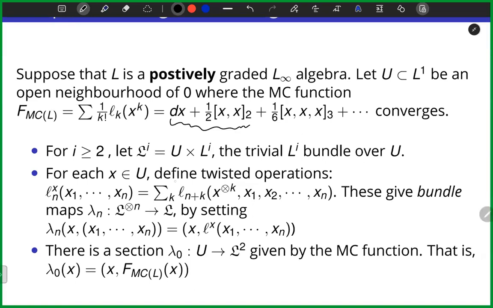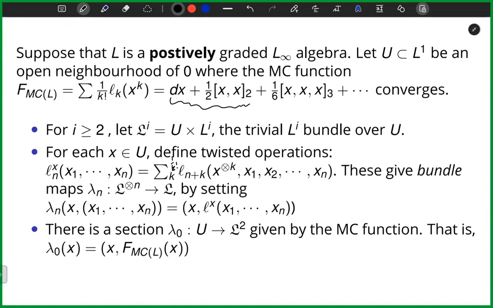I forgot a 1 over k factorial here. And these give a new curved L infinity algebra structure on L. And it's curved precisely when X is not Maurer-Cartan, and it's uncurved when X is Maurer-Cartan, what you twist by it.